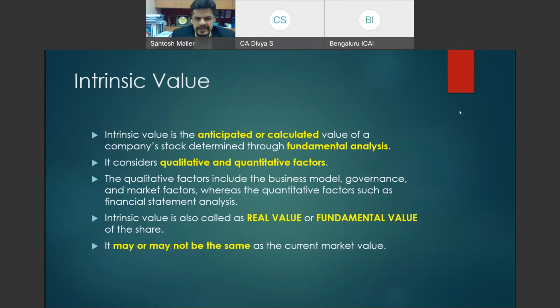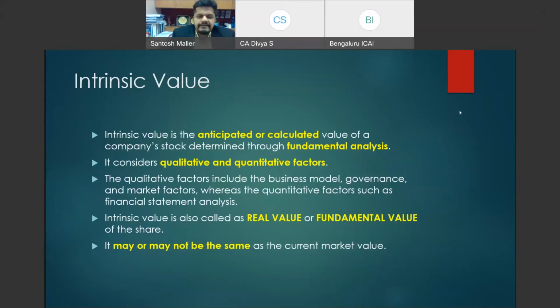So intrinsic value has got nothing to do with the issue price. And also it has got nothing to do with the listed price, right? Because the quote of a share is essentially a function of how the buyers and sellers are functioning, it's an interplay of the demand and the supply for that share.